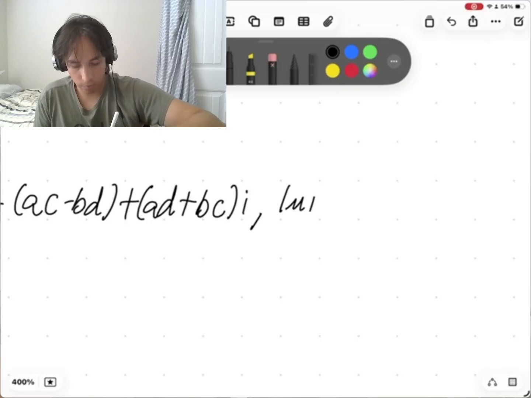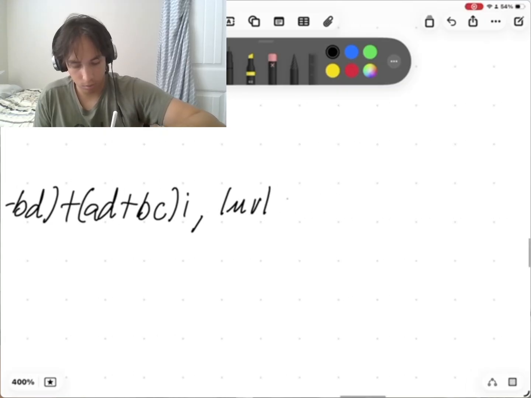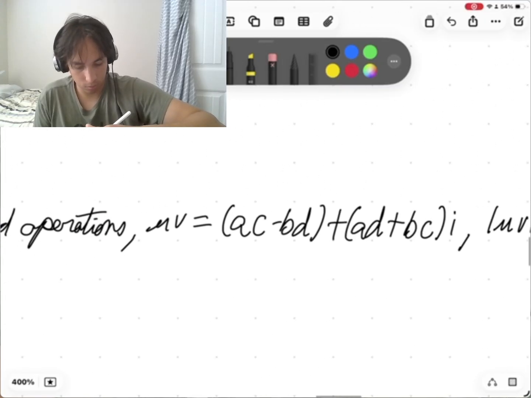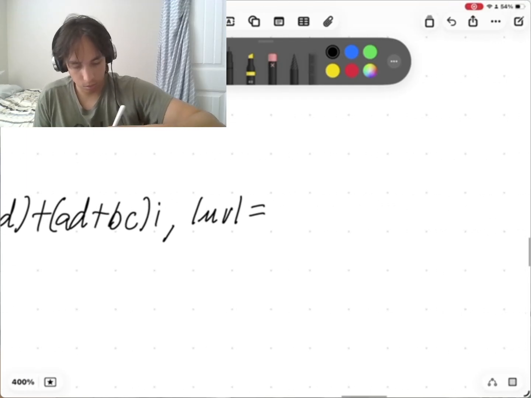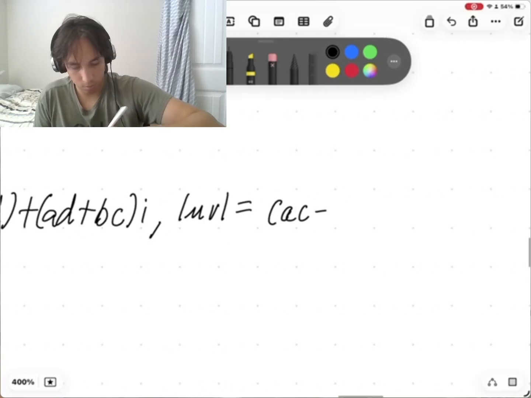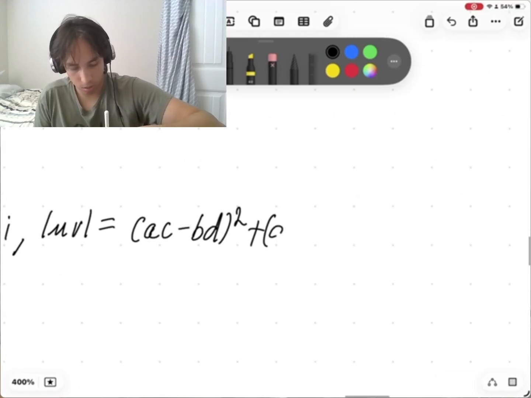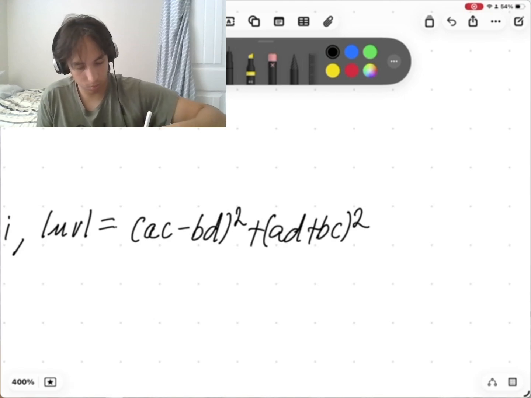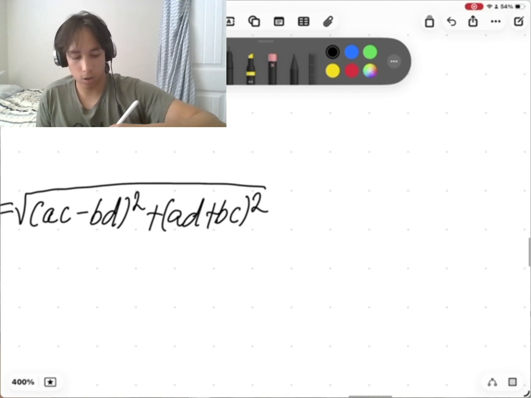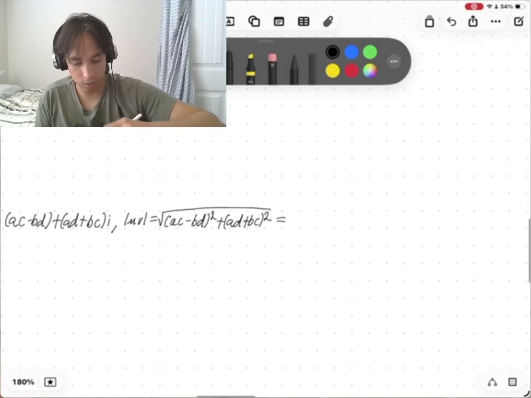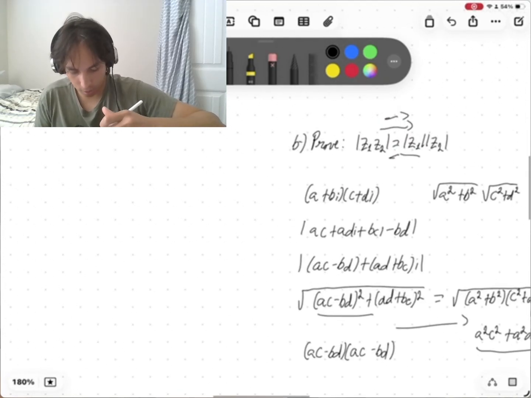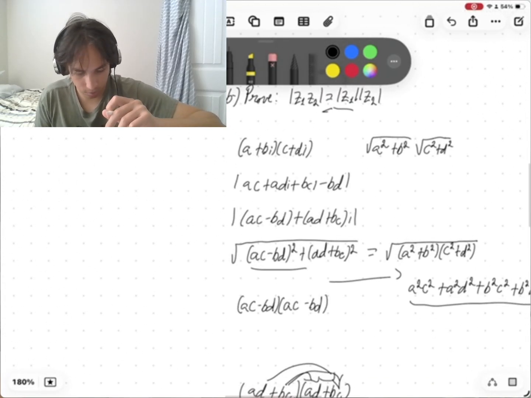So the value of uv equals the square root of AC minus BD squared plus AD plus BC squared. And from here we can get off the rails and start doing this.